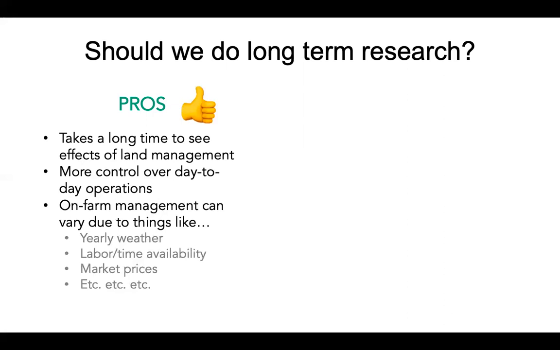If corn prices are high, you want to make sure you plant corn and not something else. So many things like that. As anyone who's ever been on a farm knows, things can be a little chaotic and uncertain sometimes. And so having long-term agricultural research sites helps us not have to worry about that as much when we're doing these long-term projects.